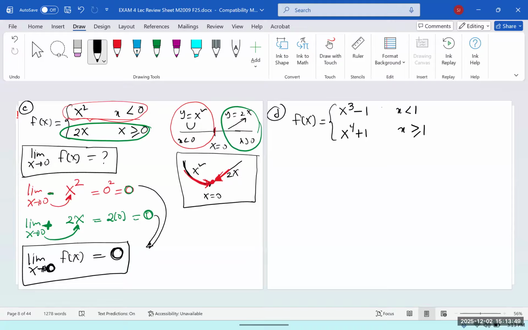They're asking you to find the limit when x is 1. What's the y value you're supposed to get for x is 1?